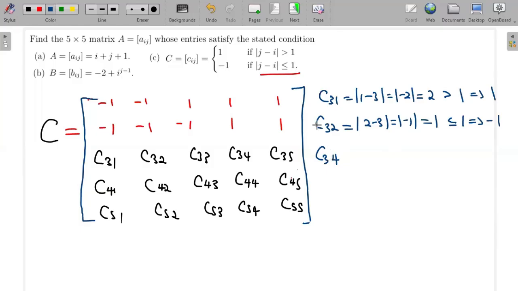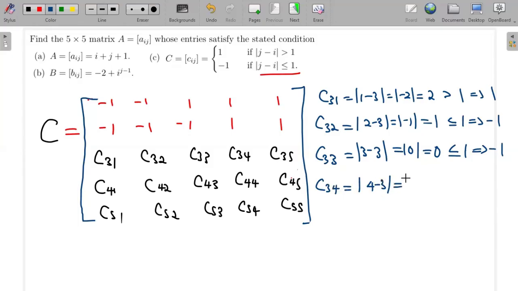C33, sorry, will be 3 minus 3, which is 0, less than or equal to 1. So the answer there is minus 1. C34 equals 4 minus 3, the modulus of 1, which is 1, less than or equal to 1.